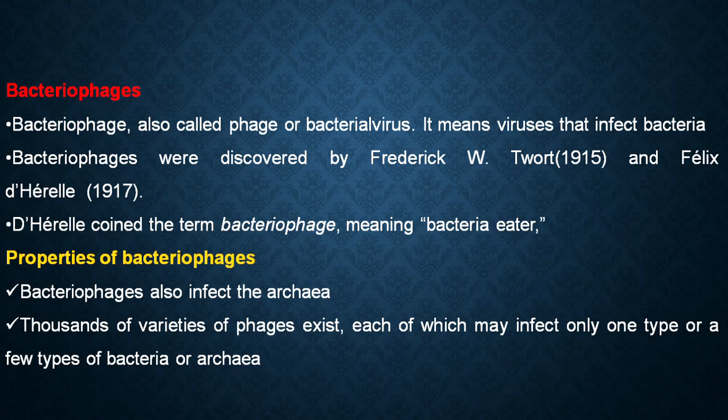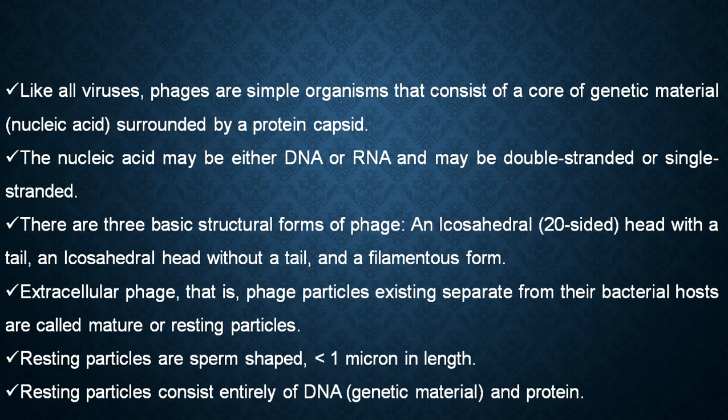Next one, properties of bacteriophages. Bacteriophages also infect the archaea. Thousands of varieties of phages exist, each of which may infect only one type or a few types of bacteria or archaea.